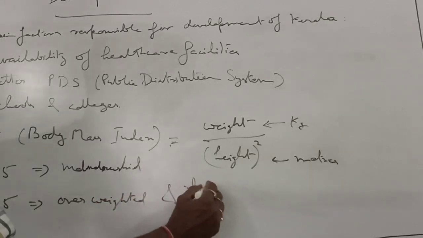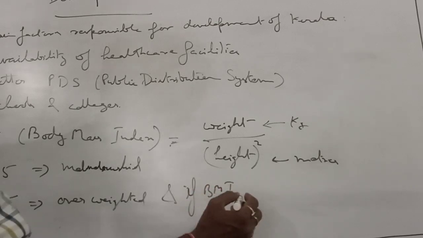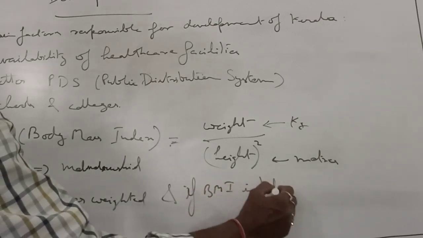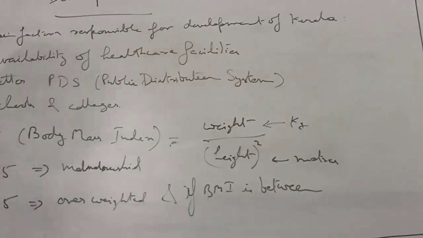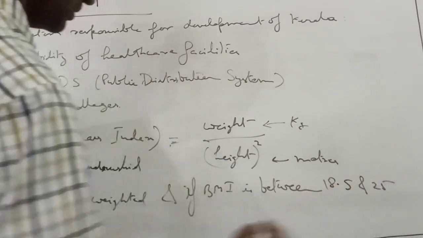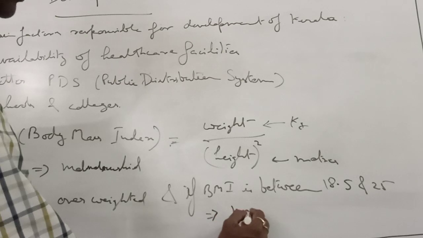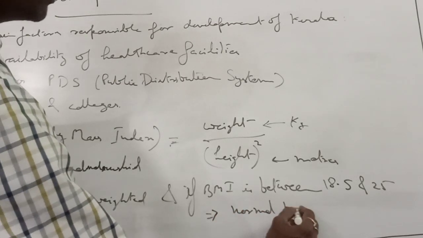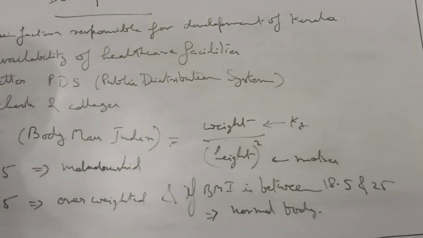And if BMI is between 18.5 and 25, then it will imply a normal body. So this is BMI. This also depends upon the progress or development of the state, the PDS system, the awareness of people, the healthcare facilities, schools, colleges, education.